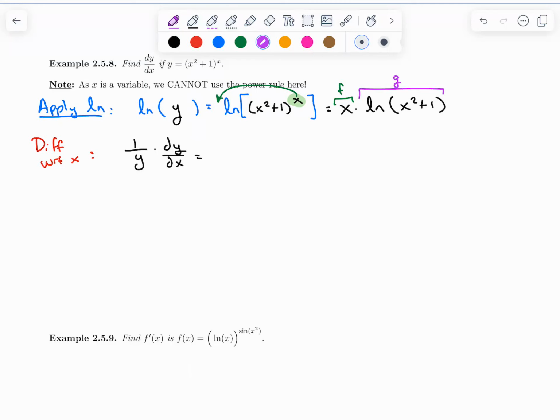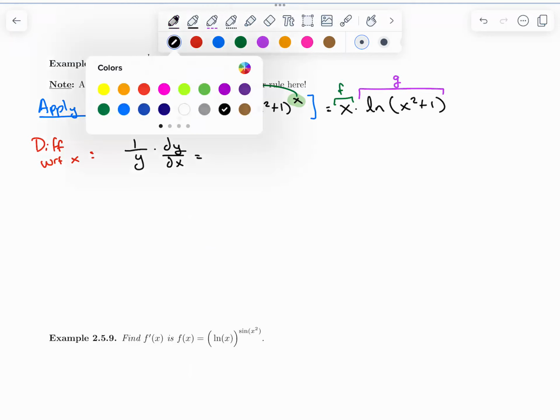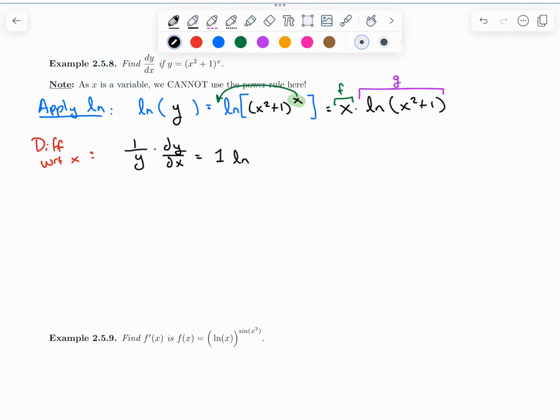It's a product rule with a chain rule inside. So f prime g plus g prime f, that'd be 1 times natural log of x squared plus 1, plus the derivative of g. So the derivative of natural log of x squared plus 1 would be 1 over x squared plus 1 times 2x, times f, that'd be times x.